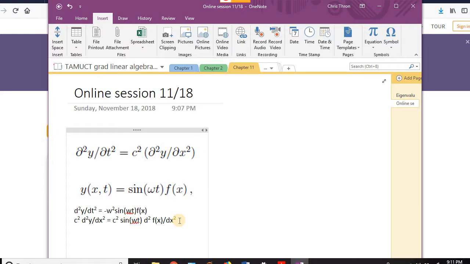Negative omega squared is equal to c squared times the second derivative of f of x. So here I have the left-hand side, and here I have the right-hand side. And I guess you canceled out something. Yeah, the sine of omega t goes away, and we get this.